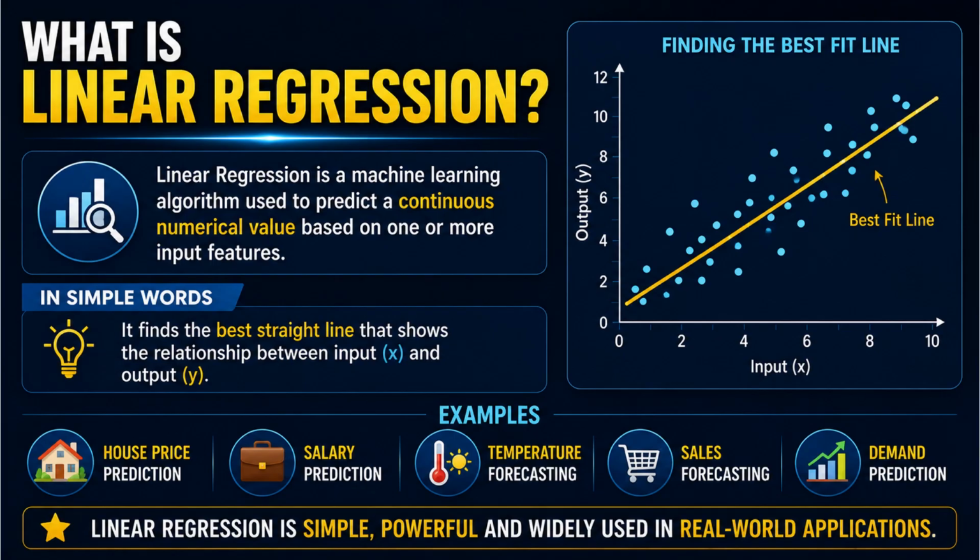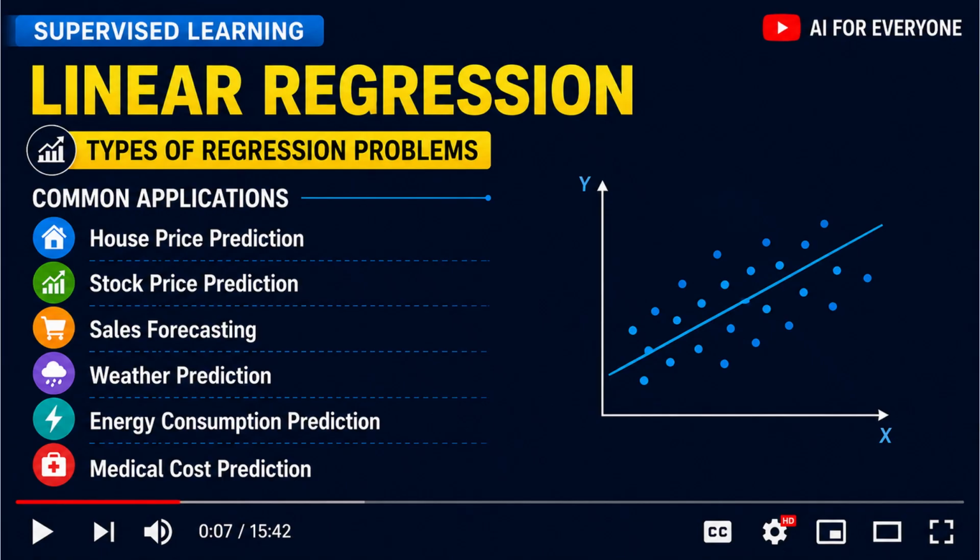Linear regression is a supervised machine learning algorithm used to predict a continuous numerical value based on one or more input features. In simple words, it finds a best straight line that shows a relationship between input x and output y. Okay, so the best fit line, as we call in linear regression terms.